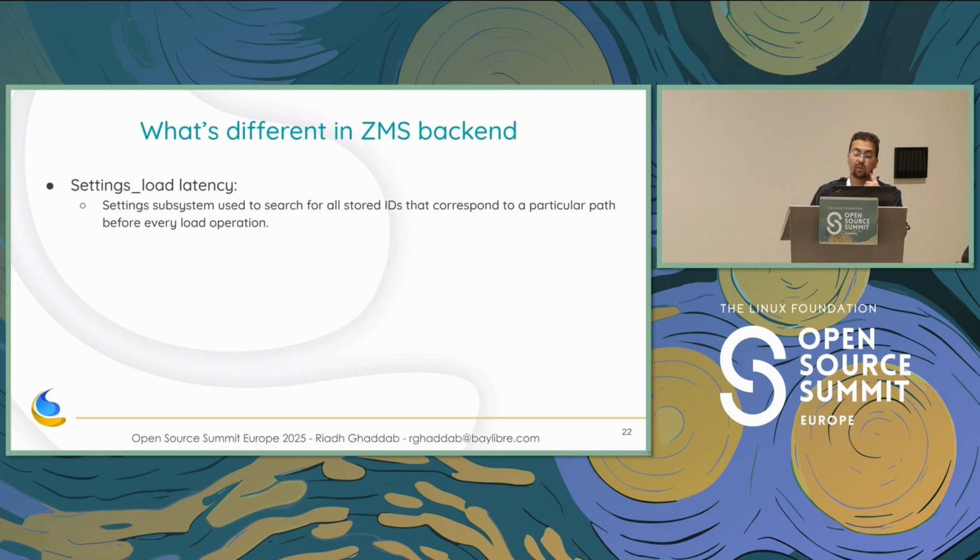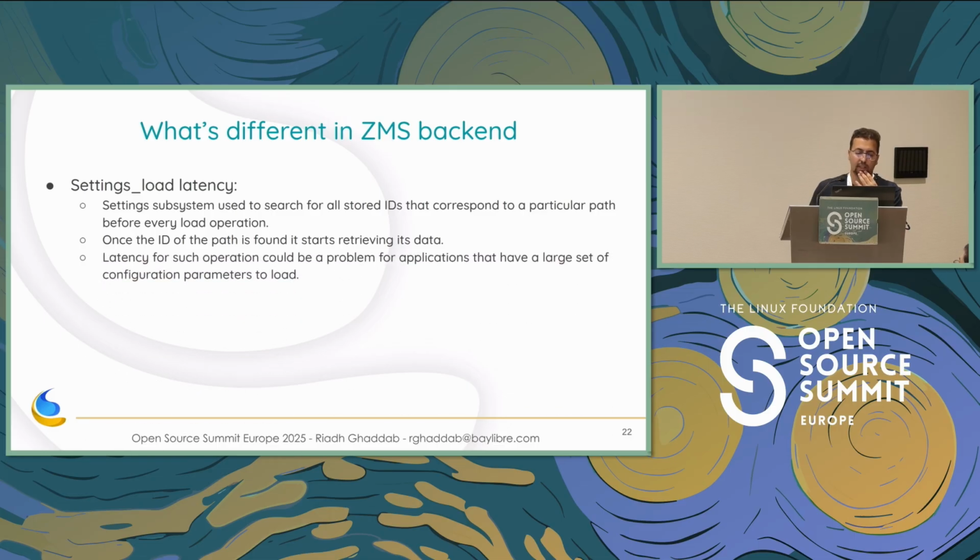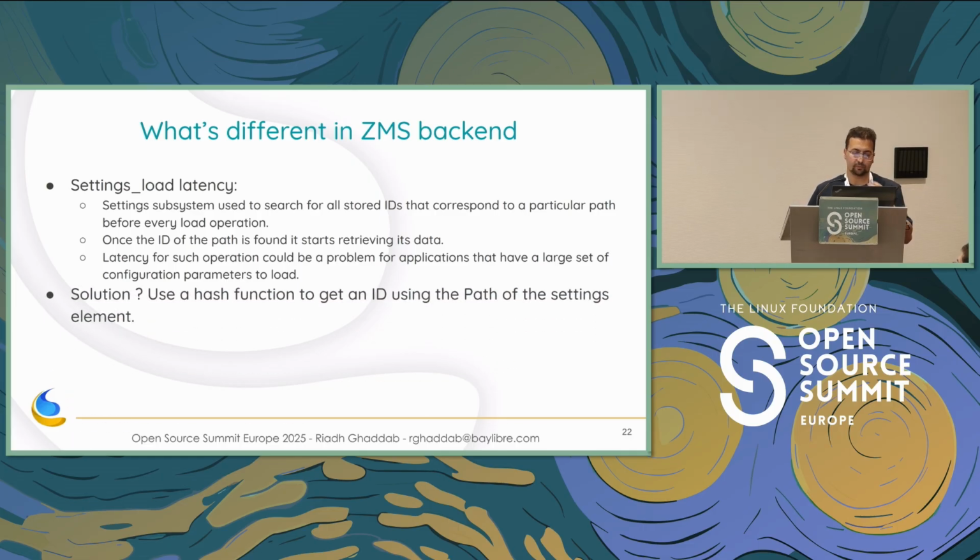When you look for a certain key, it must first search through all 100 paths to find the ID that corresponds to that path, before reading that ID from ZMS or NVS or any other lightweight storage system. Once the ID of the path is found, it starts retrieving the data, which adds a huge latency for applications that have a huge set of parameters.